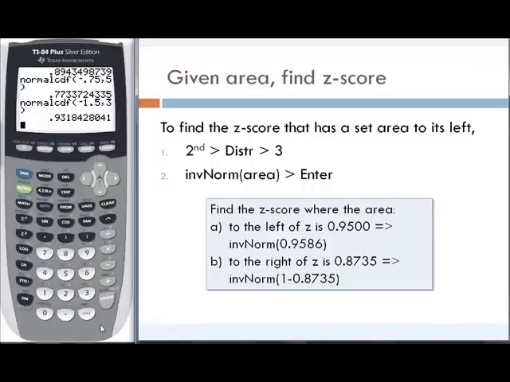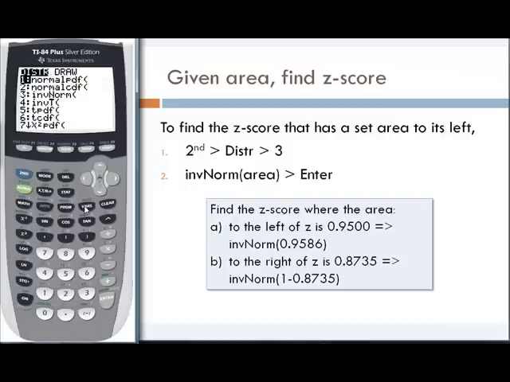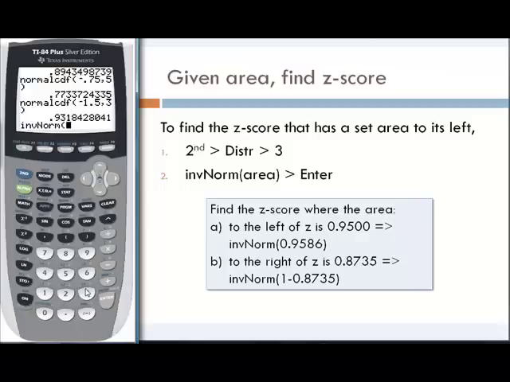And then if we are given the area that is either to the left or to the right of a particular z-score, we can find out what that z-score is. The same function, second distr, will be used, but this time we're going to use option 3, which is inverse norm. This function takes in area to the left.